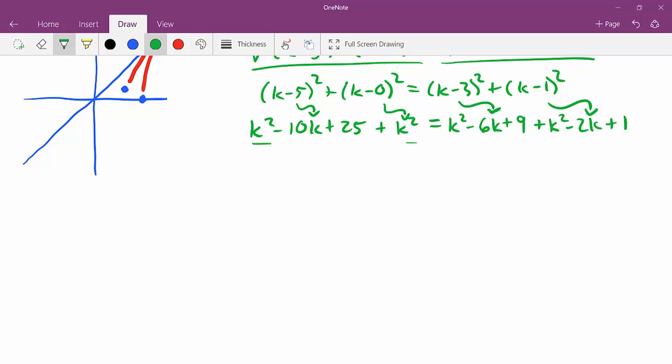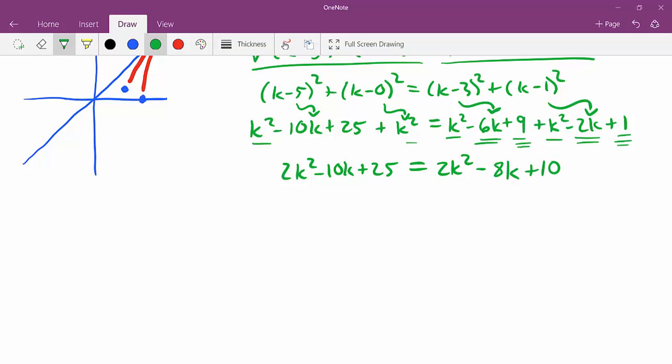So we've got 2k squareds on the left minus 10k plus 25. On the right, we've also got 2k squareds. And we've got two values for k and then two constants. So we combine all those. That's minus 8k plus 10.